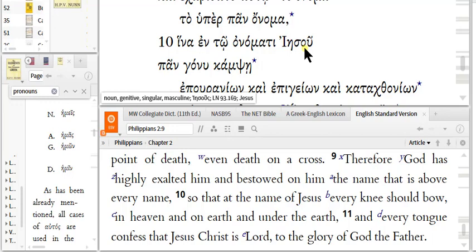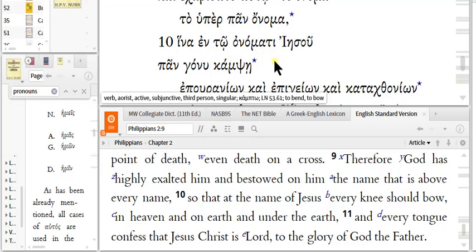What case is Jesus here? Genitive or dative? This is genitive. It could be dative, okay? But we wouldn't have any reason for this to be dative. It would be in the name of Jesus. Pan gonu. Pan means what? Every knee will bow.